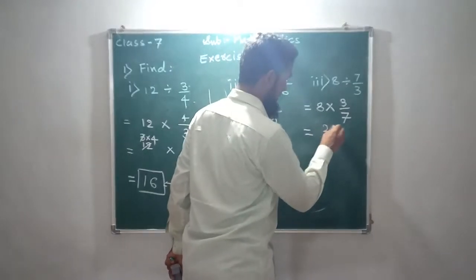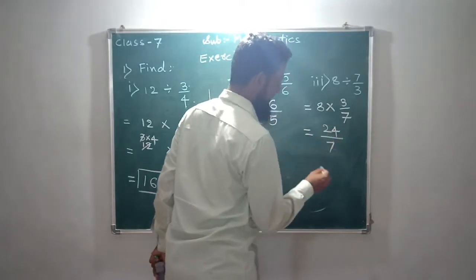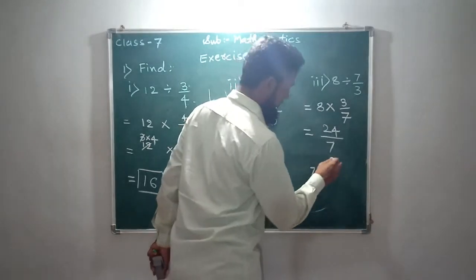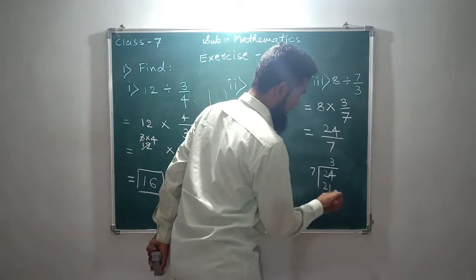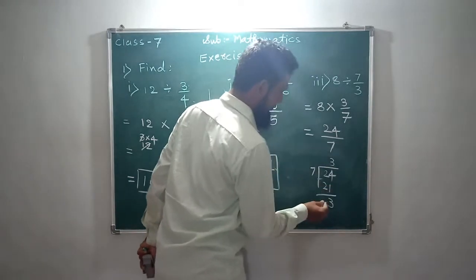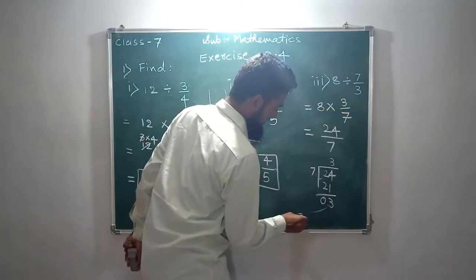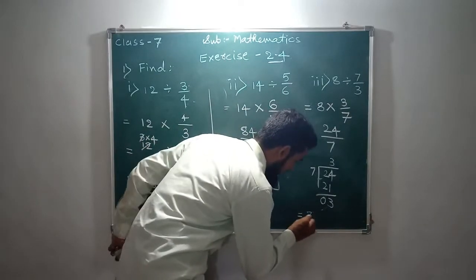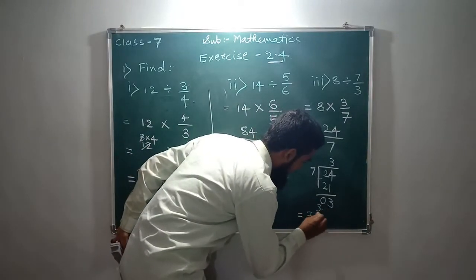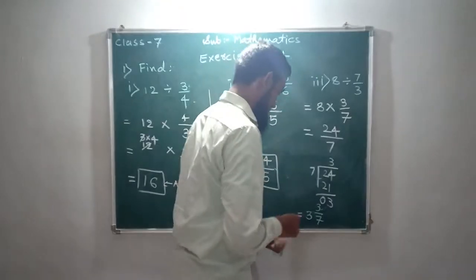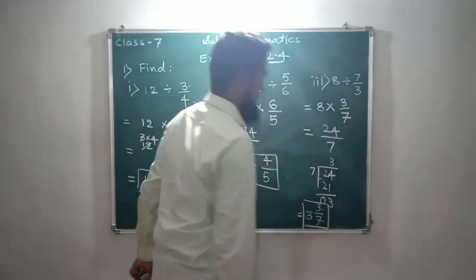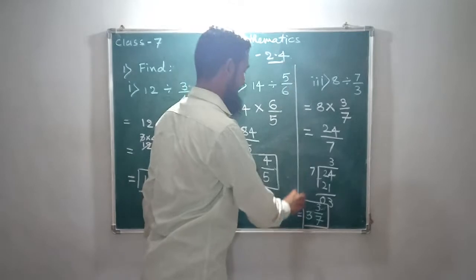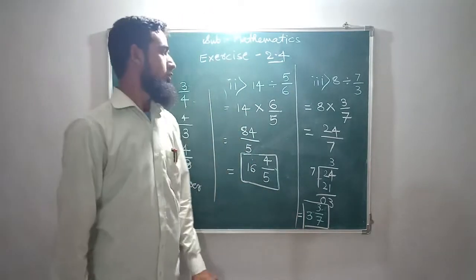So 8 times 3 is 24 upon 7. So 24 divided by 7, 7 times 3 is 21. 4 minus 1 is equal to 3. So what is the answer? The answer is 3 integer 3 upon 7. It is your answer. So it is your question number 3.